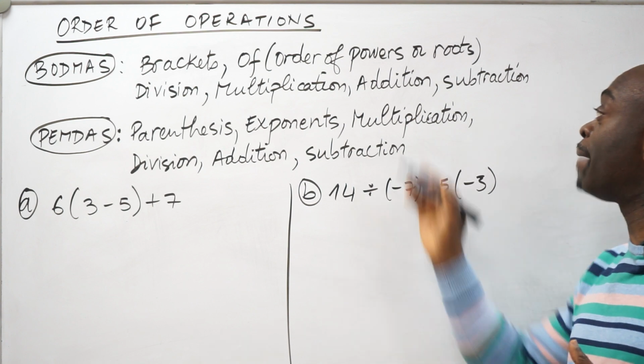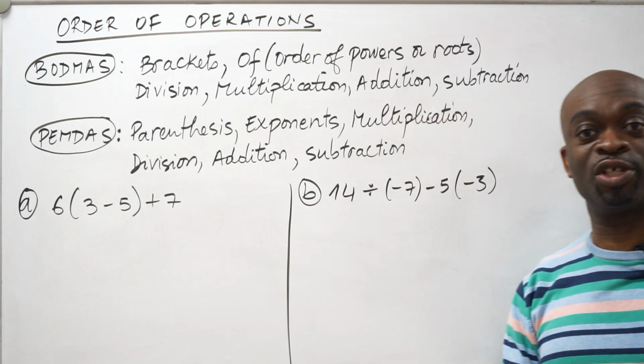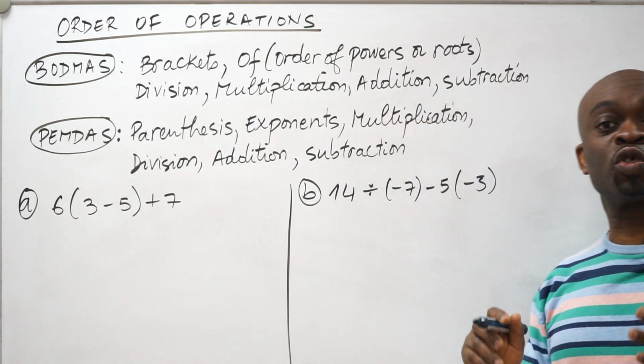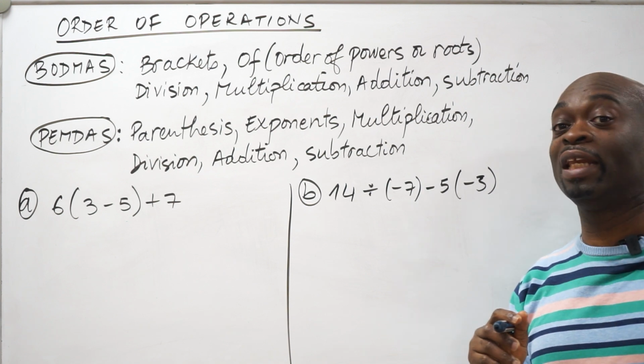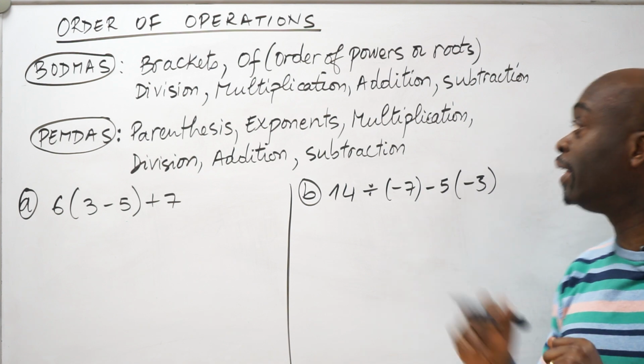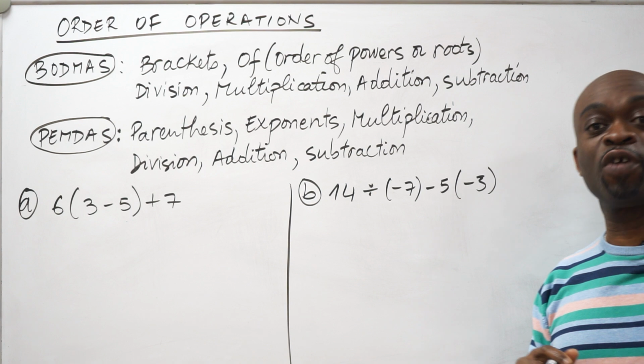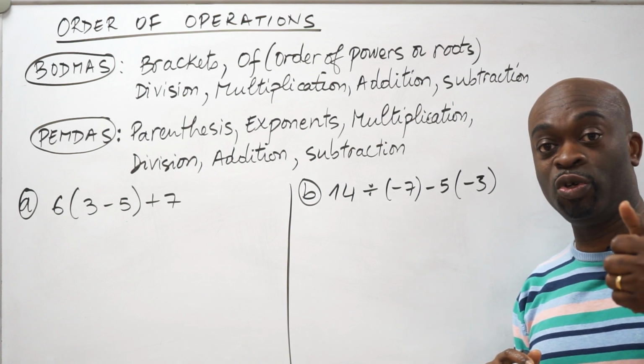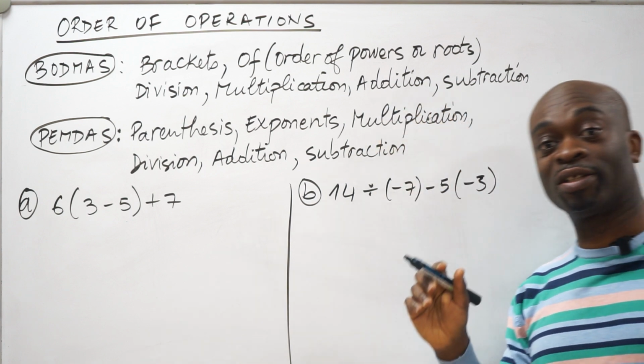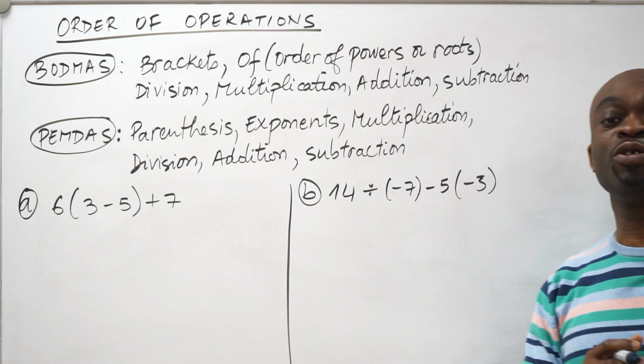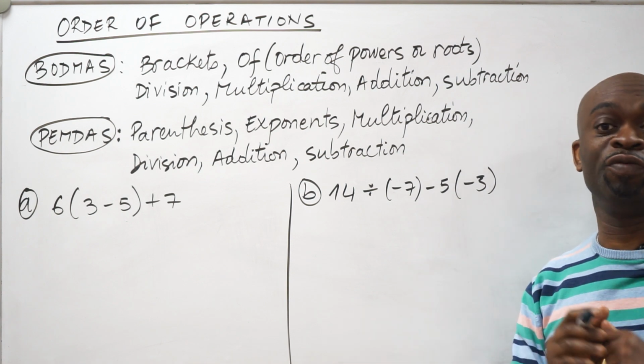The same thing happens between addition and subtraction. Whichever happens first from the left to the right, that's the one you do first. So that's the exception to the rule.